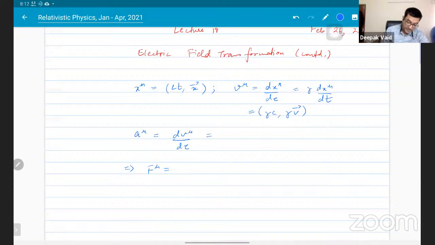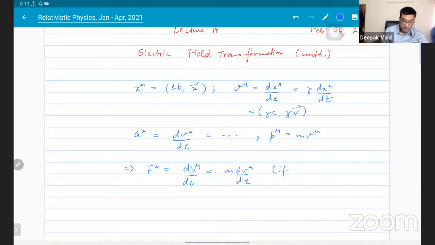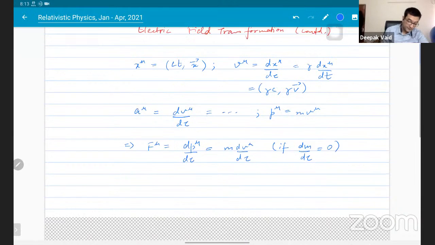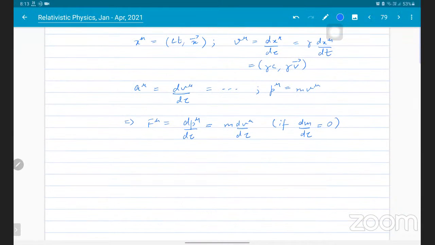Instead of writing it as m a mu, I should write it as dp mu by d tau, because that is the correct form of Newton's second law, right? dp mu by d tau, and then p mu is equal to m v mu. I mean, the result is the same as long as your rest mass is not changing. So if your rest mass is not changing, this is equal to m dv mu by d tau, right?